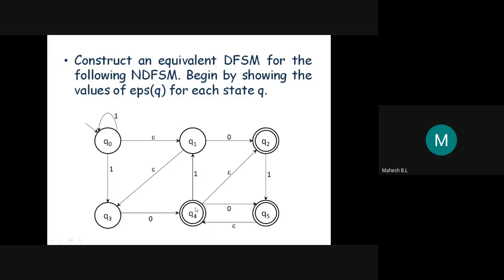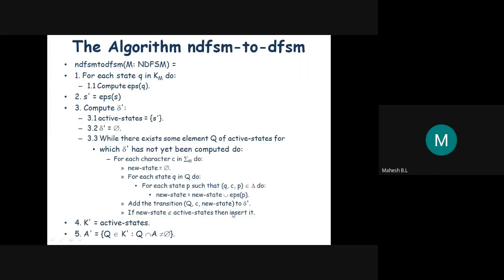Then you perform the union of epsilon of Q2 and epsilon of Q4. That's what you are doing here. Then add the transition Q, C, new state to delta dash. Then if new state happens to be not a part of active states, you add it to the set of active states.